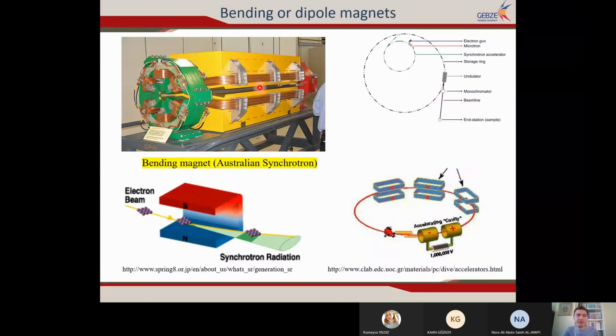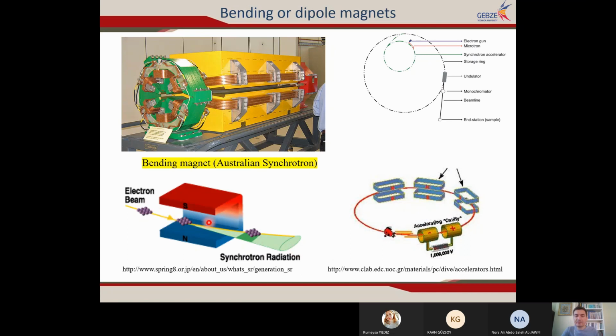Before the bending magnet and after the bending magnet with red color and green color here, there are focusing magnets in order to focus the electron beam, and then electron beam enters into the bending magnet and then goes out. So when the electron beam is passing through bending magnet, each electron emits electromagnetic radiation, okay?